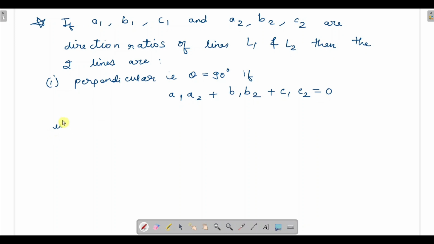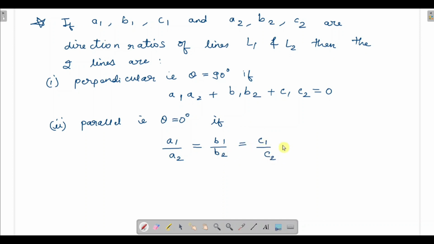Okay, and second point is they are parallel, the two lines are parallel, that is theta is equal to 0 degree if we have A1 by A2 equal to B1 by B2 equal to C1 by C2.